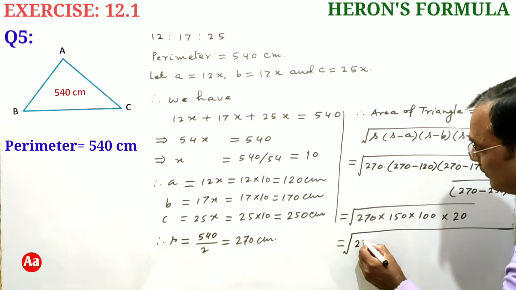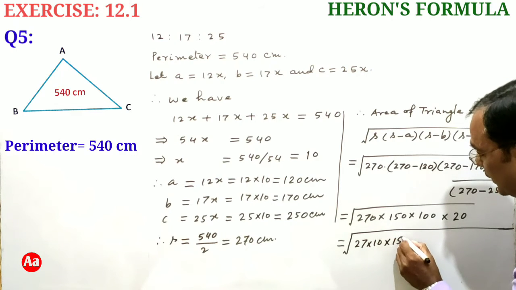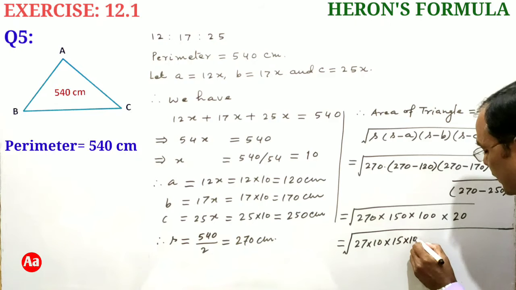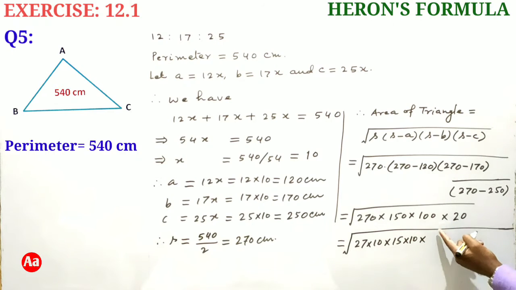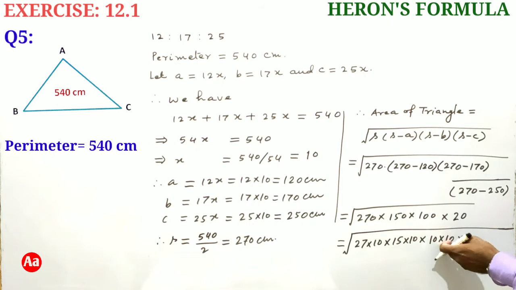So 27 into 10 into 150, we can write 15 into 10 into 100, we can write 10 into 10. 100 is perfect square number, so we may not factorize 100 as 10 into 10. We can directly take its square root and it will be 10.